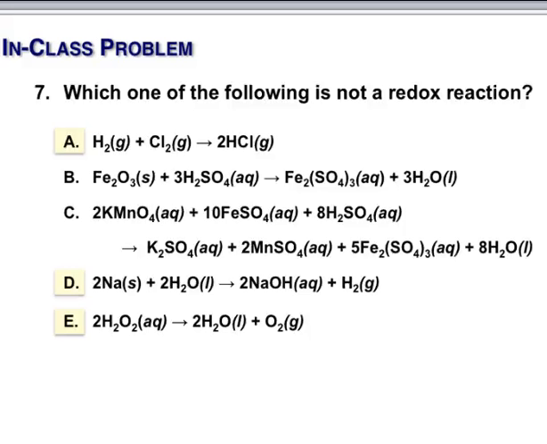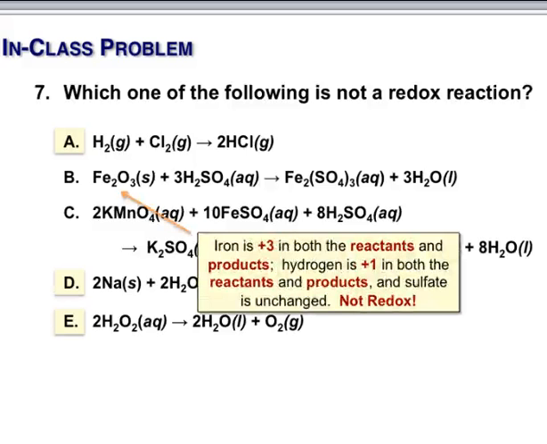What is the oxidation number of iron in this compound? If oxygen is -2 and we have 3 of them, that's 6 negatives, right? Iron must be +3. Over here, sulfate is -2, just like oxygen was.